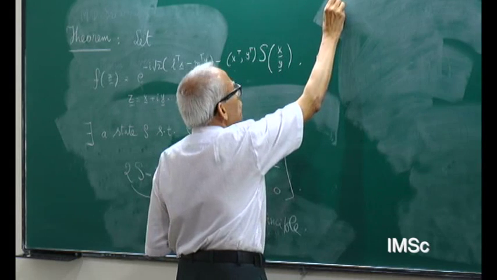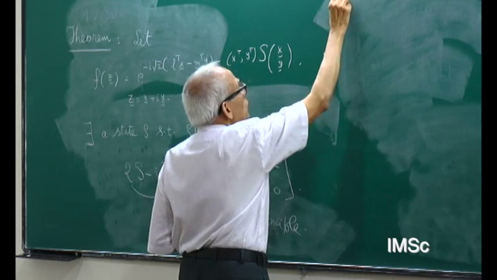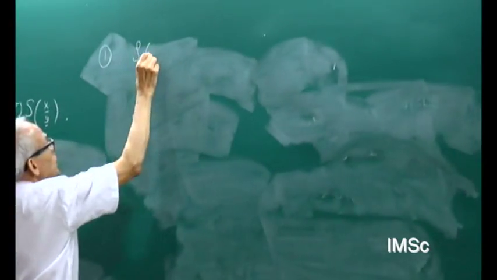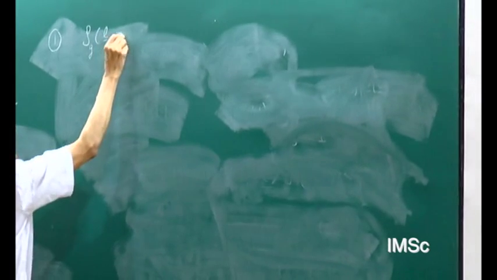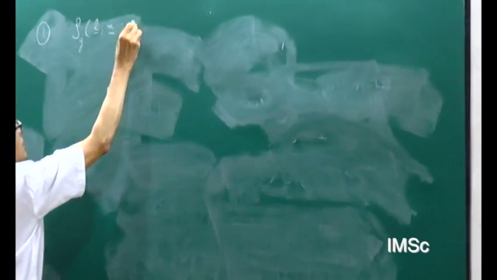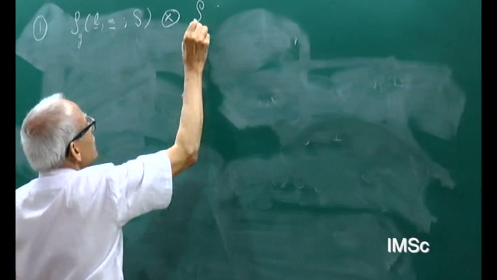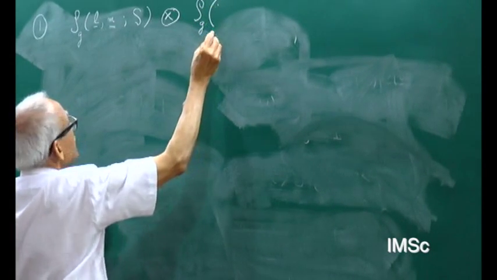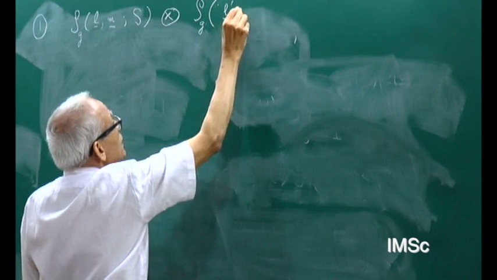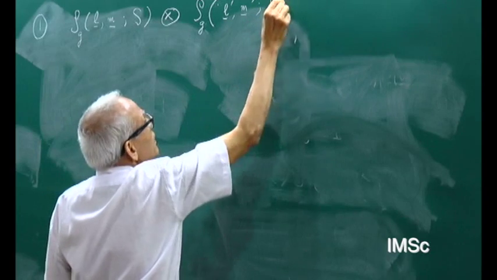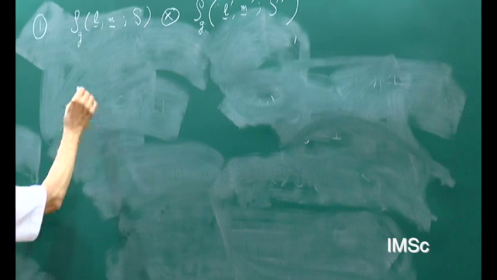The first thing you may note is that if I take two Gaussian states, rho_G(L, M, S) in L2 of R^n, and rho_G(L', M', S') in L2 of R^m, and take the tensor product of the two Gaussian states, that is also Gaussian.